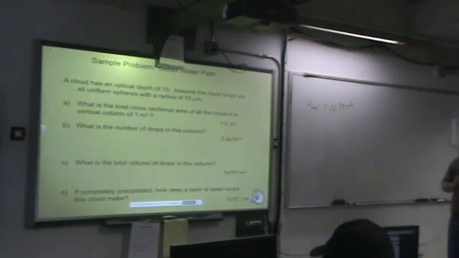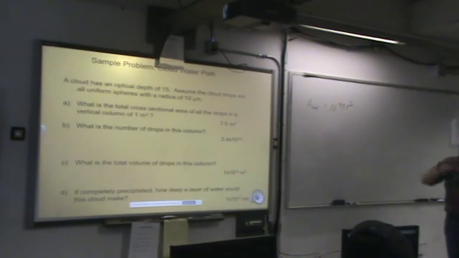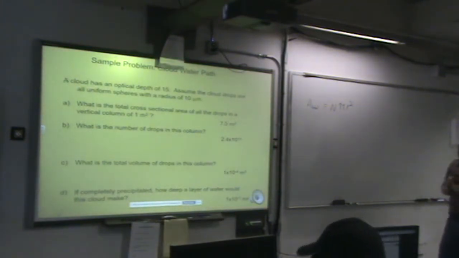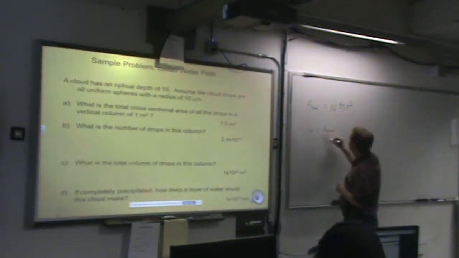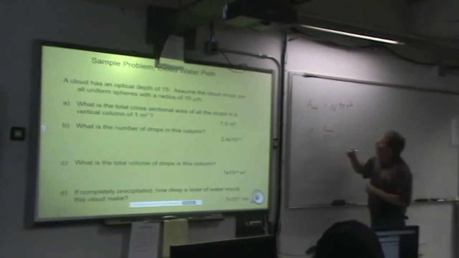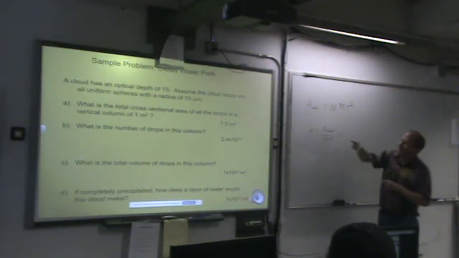2.38 times 10 to the power 10. Yeah. How about there? 7.5. N is equal to A total over pi r squared. But the total area? 7.5.